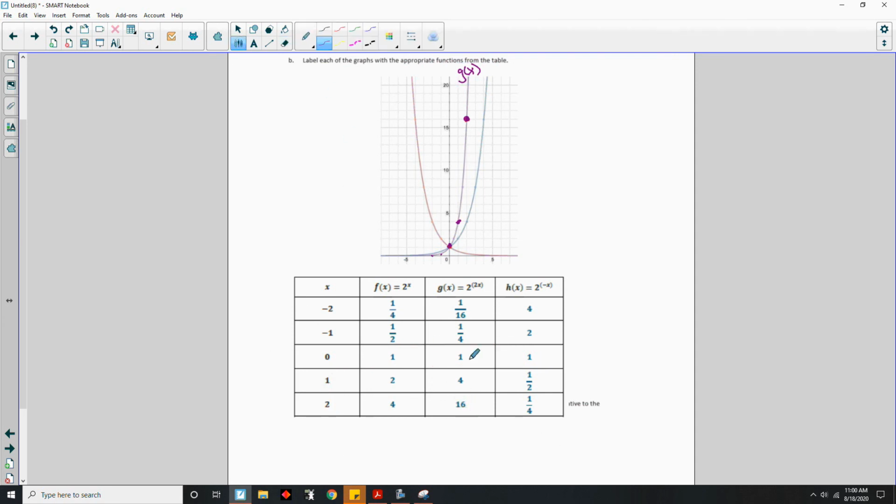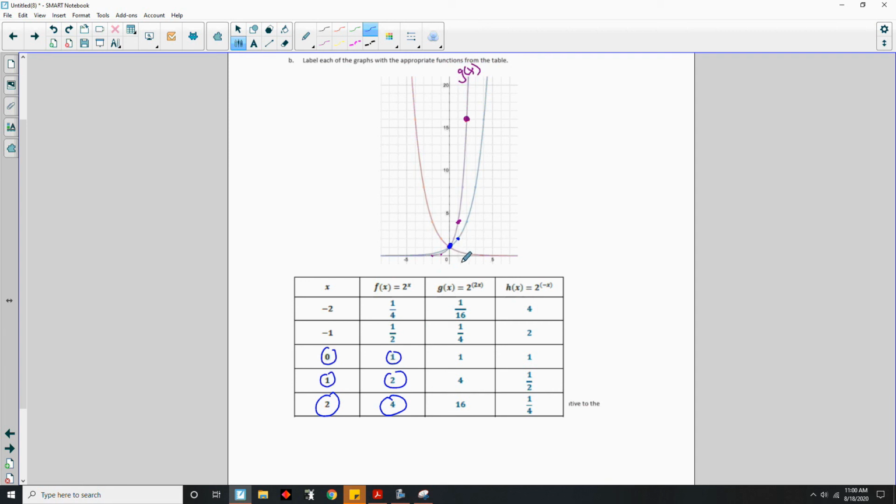All right, so now we're going to look at the point (2, 4). Where is (2, 4)? Here's 2. Here's 4. The point (2, 4) is right here. The point (0, 1) is right here. The point (1, 2) is over 1, up 2.